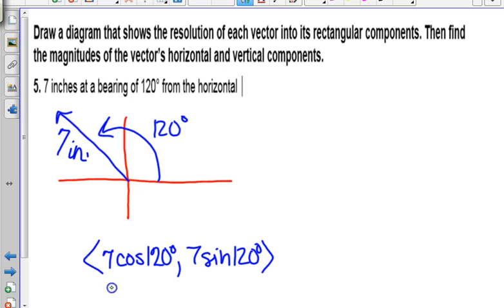Anybody get negative 3.5? And positive. Everybody good?